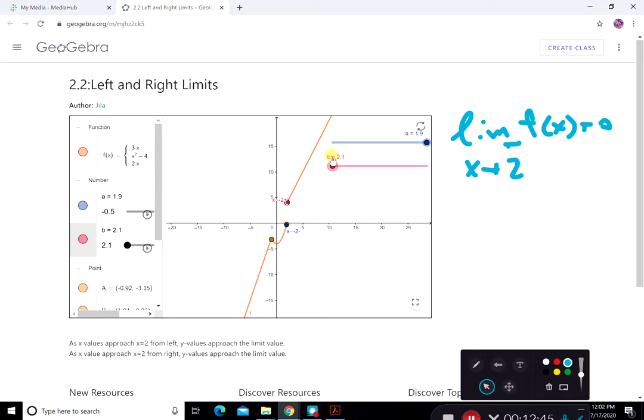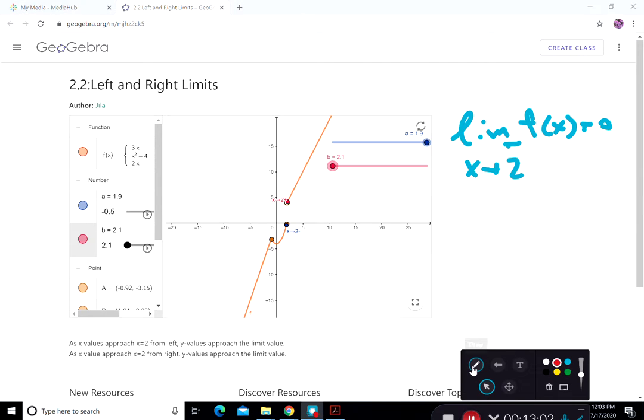You can see that the right limit, the y value for the points, approaches 4, right there. Let's write this down first: the limit as x approaches 2 from the right side of f of x is equal to 4.